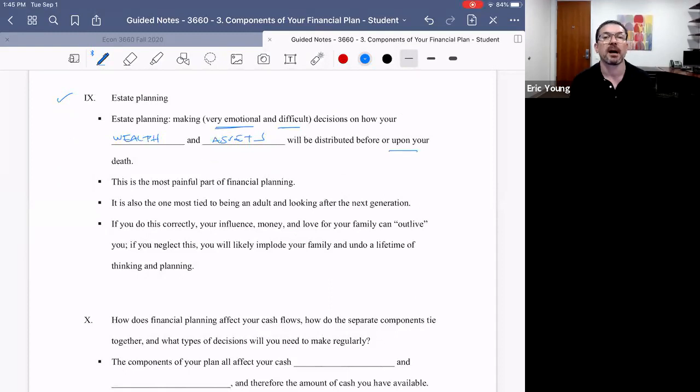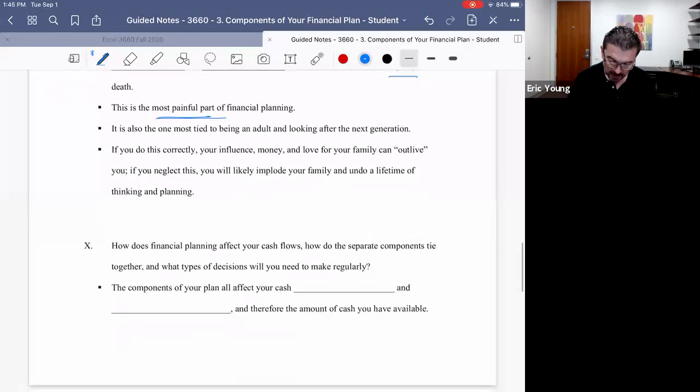Estate planning is where a lot of people who've gotten all the other components right stick their head in the sand, because dealing with death, talking about death, contemplating your own mortality is deeply unsettling and painful for many people. However, it's also the one that is really most tied to being an adult.